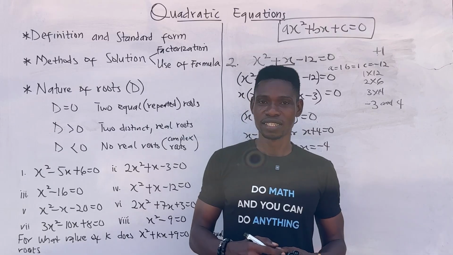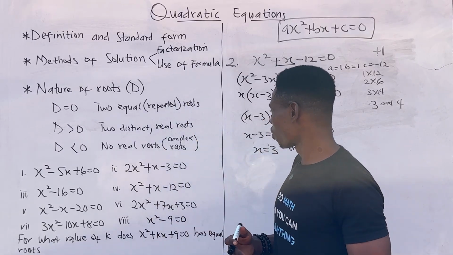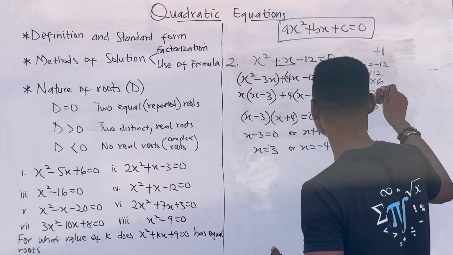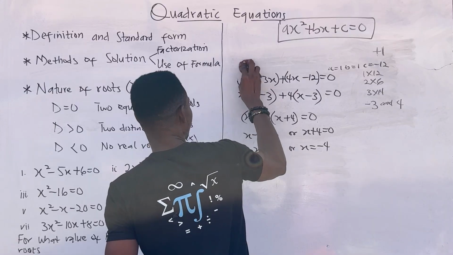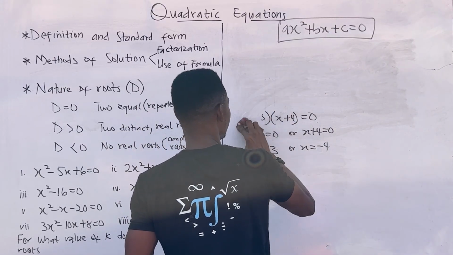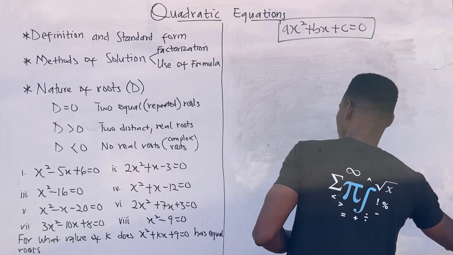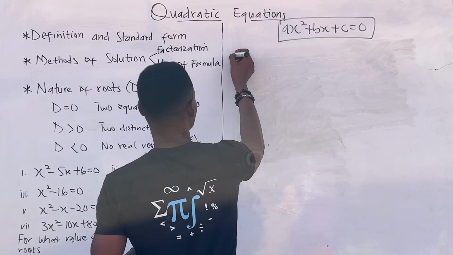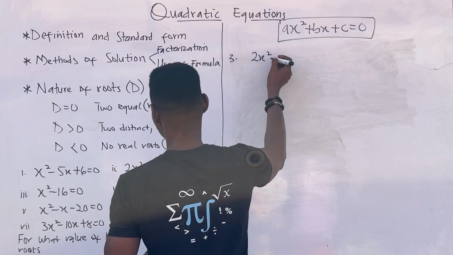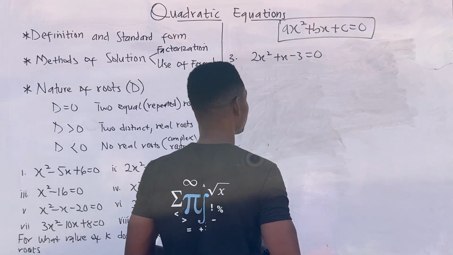Before we proceed to the next, I think we need to solve one where the coefficient of a is not 1. So let's look at example 3. Number 3, we have 2x squared plus x minus 3 equal to 0.